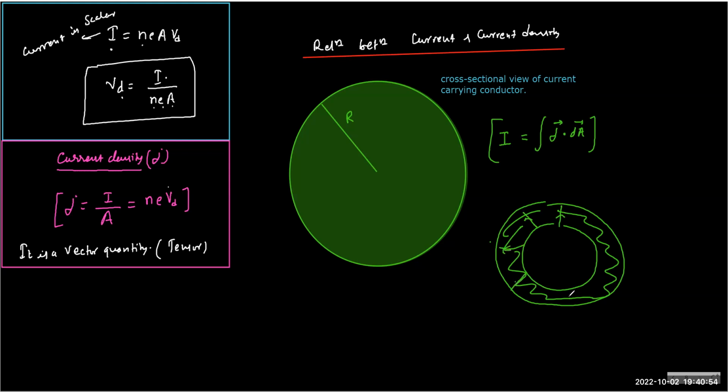As you go away from the inner surface to the outer surface, will the cross-sectional area increase, decrease, or remain the same? You know what the cross-section is? It is the surface perpendicular to the motion of the current, meaning the flow of current. So if you draw a cross-section here, how will it look? Can you guess?